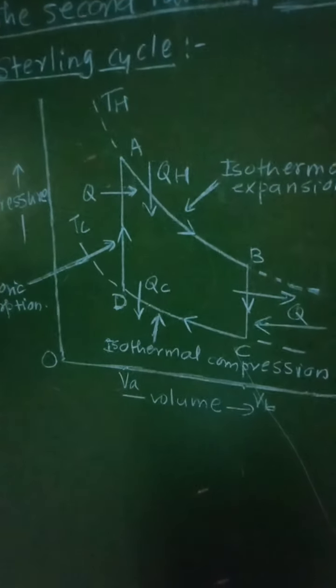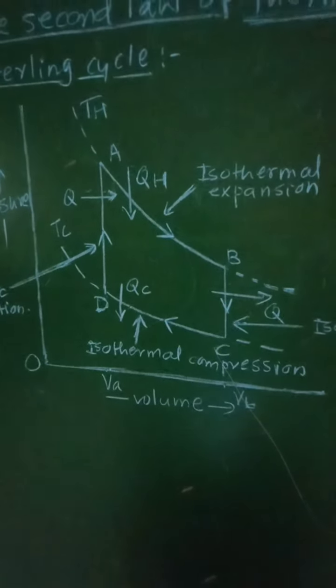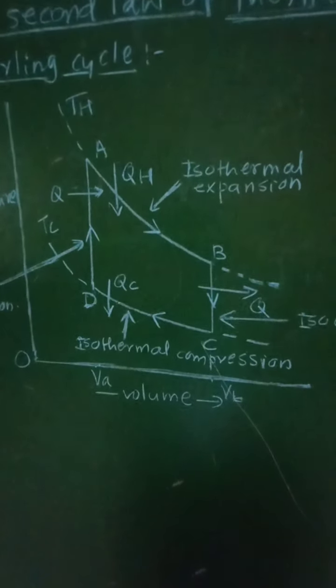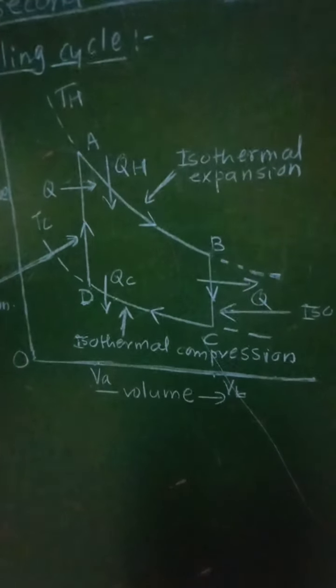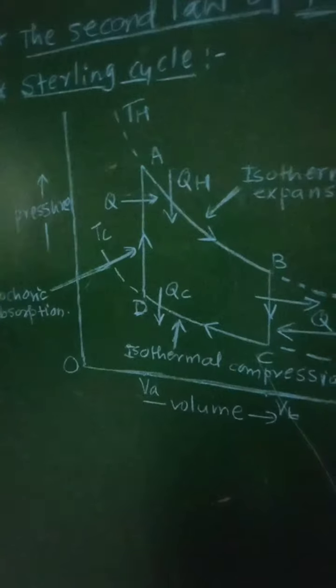So there will be two paths with isothermal processes and the remaining two with isochoric processes.